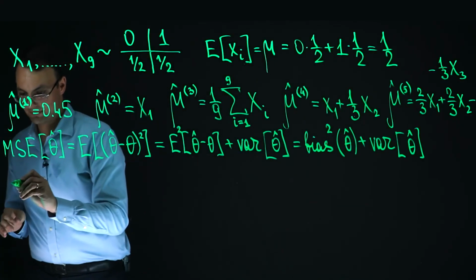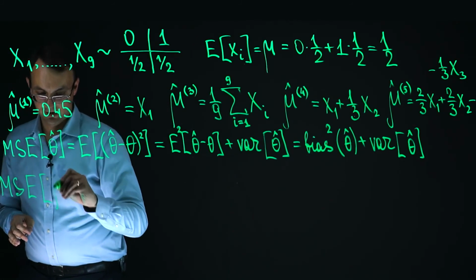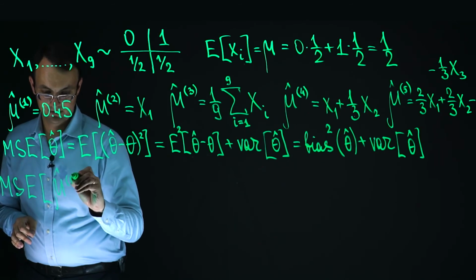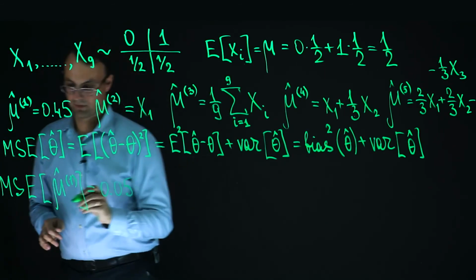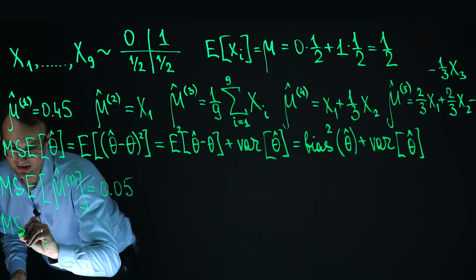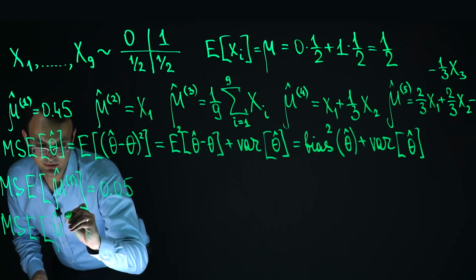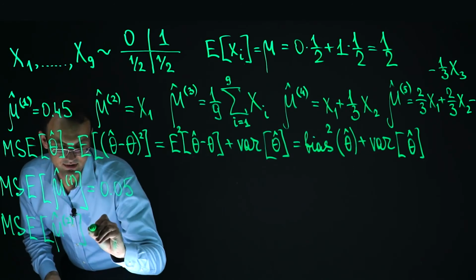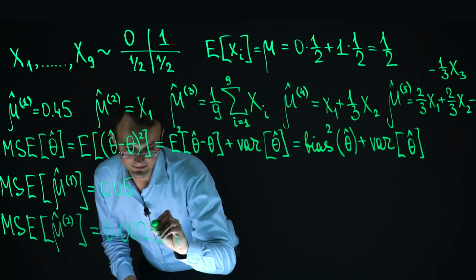So let us have a look. What did we get? MSE of mu1 hat is 0.0025. MSE of mu2 hat is 0.25.